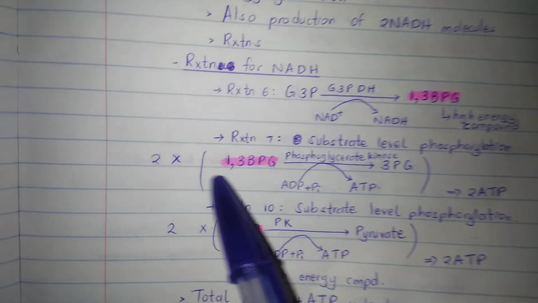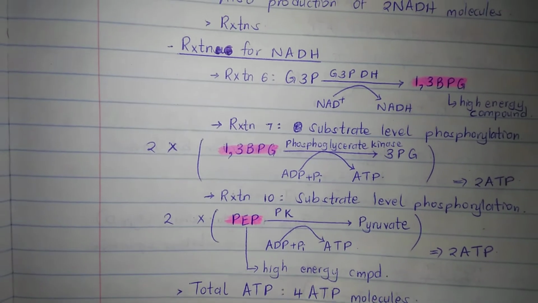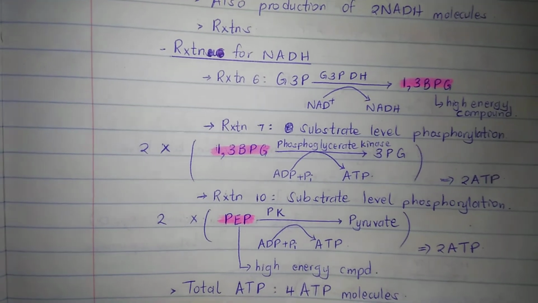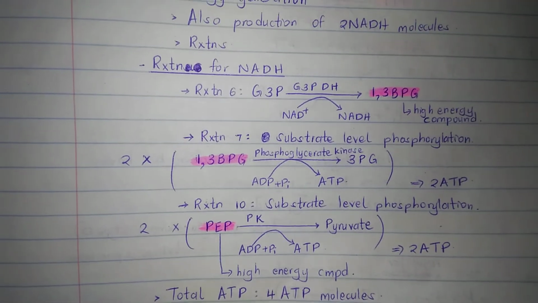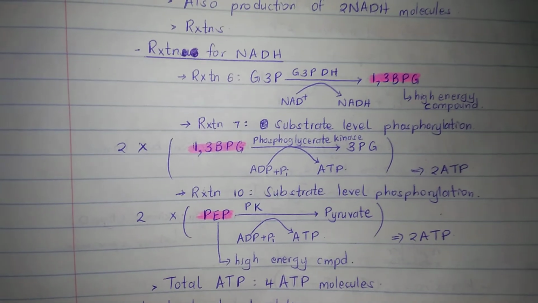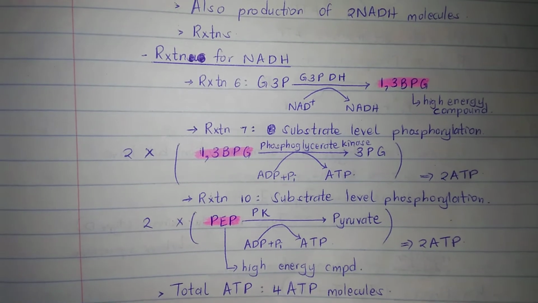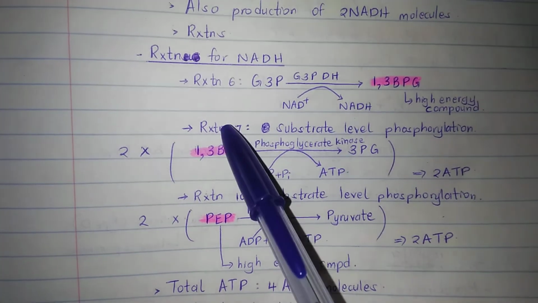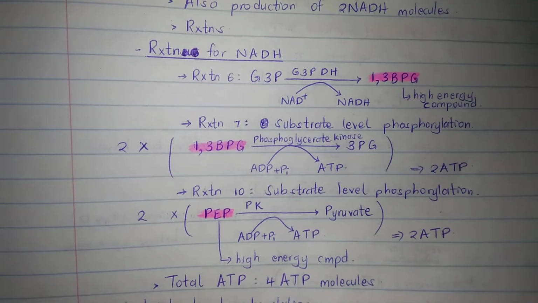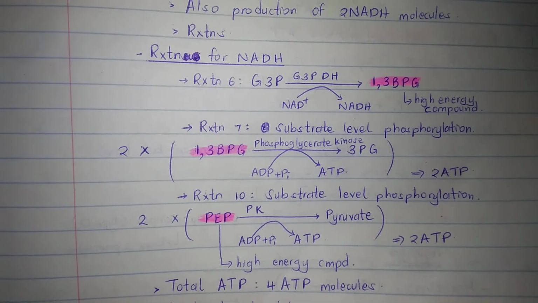This reaction is ×2 because you remember in glycolysis, after fructose 1,6-bisphosphate, it's going to be converted to two molecules catalyzed by aldolase. We're going to form glyceraldehyde 3-phosphate, and we're also going to form dihydroxyacetone phosphate.